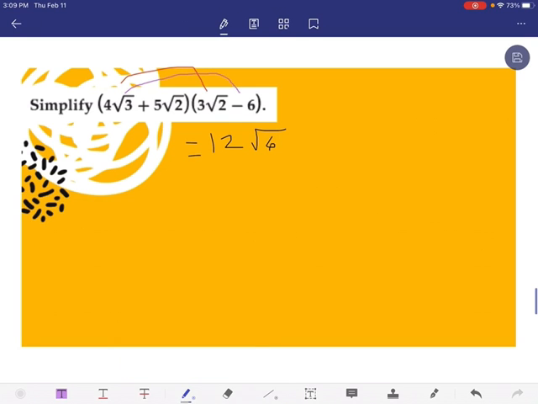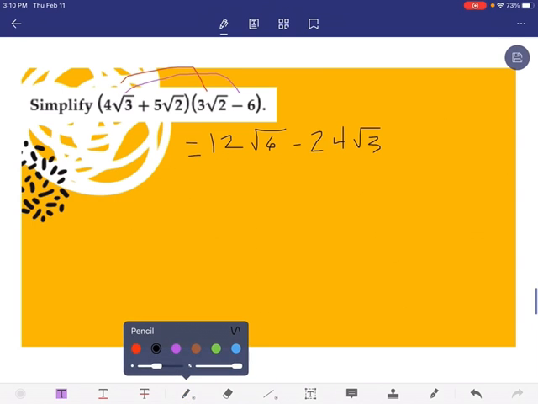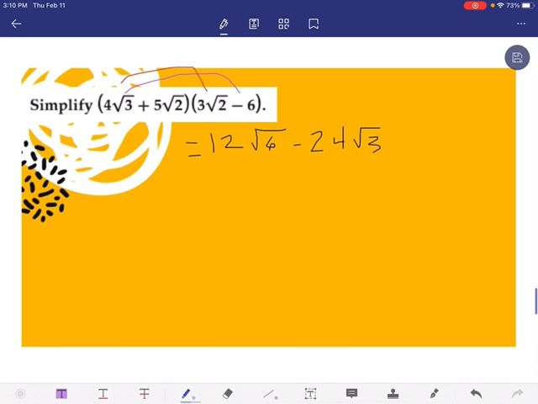Then we would do 4 square roots of 3 times negative 6, which is going to give us negative 24 square roots of 3. Then we would have 5 square roots of 2 times 3 square roots of 2, which is going to give us positive 15.